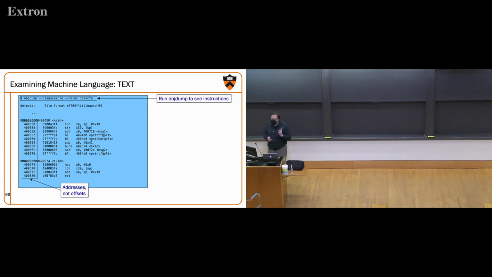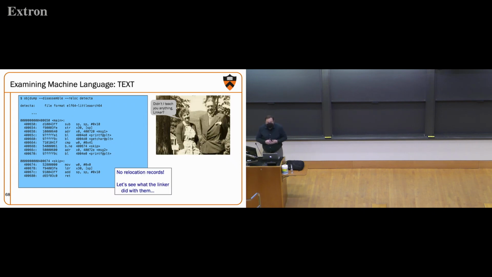If you actually do this on an executable file, eventually you'll find your code, but, dot, dot, dot, it's going to be stuffed in amongst a lot of other code that the linker had to bring in to implement things like printf and getchar and all of that startup code. All right, so no relocation records. And we can go through and verify what the linker did with them.